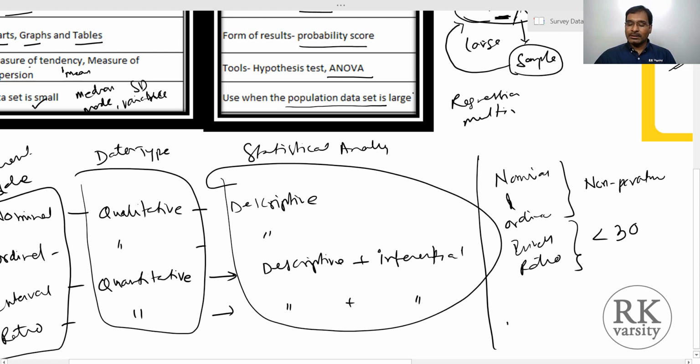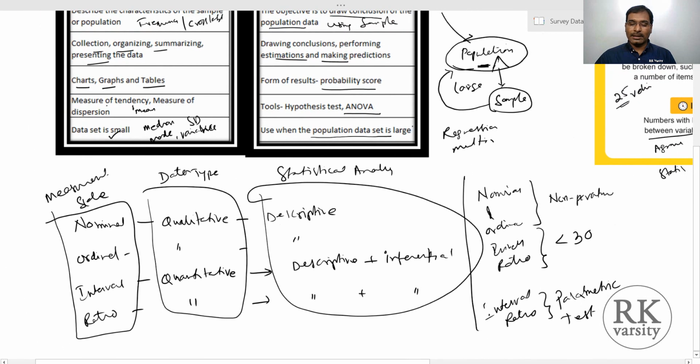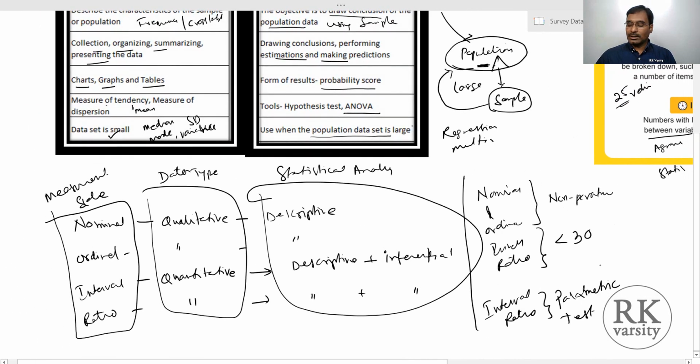However, on interval and ratio scales, we otherwise use parametric tests. So this is the whole linkage between your scale and the statistical tests.